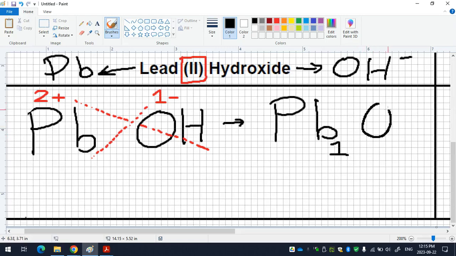O, H. So far we're good. But I'm going to show you where people stop and forget to do something. So they put the O, they put the H, and what do you think they put after? No, we don't use signs anymore. They put the 2.